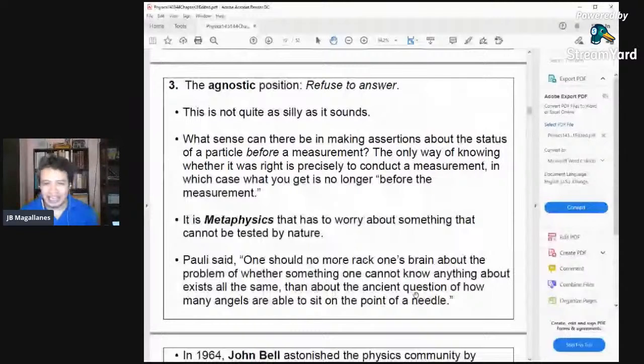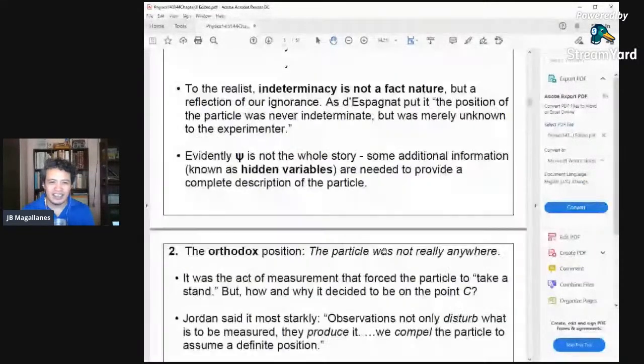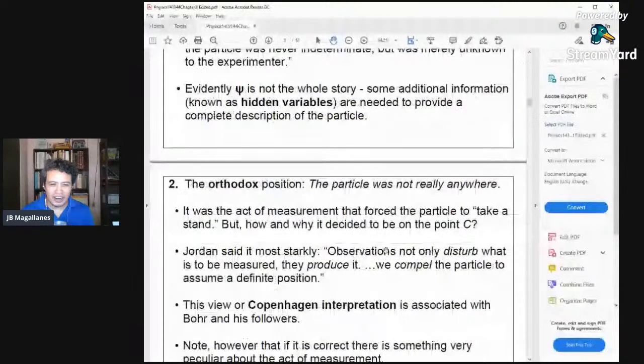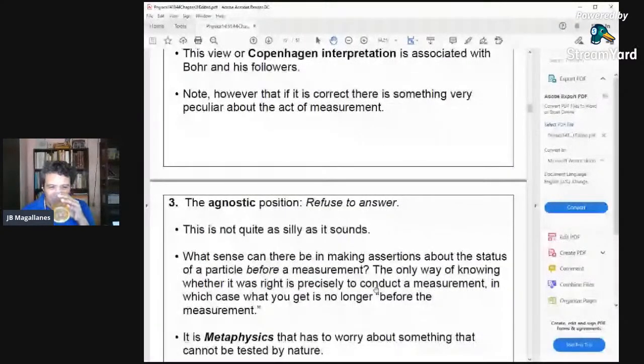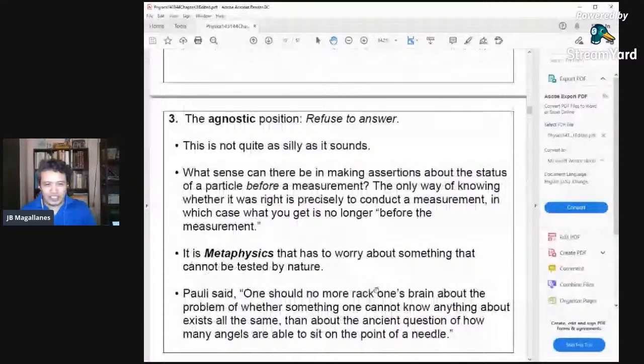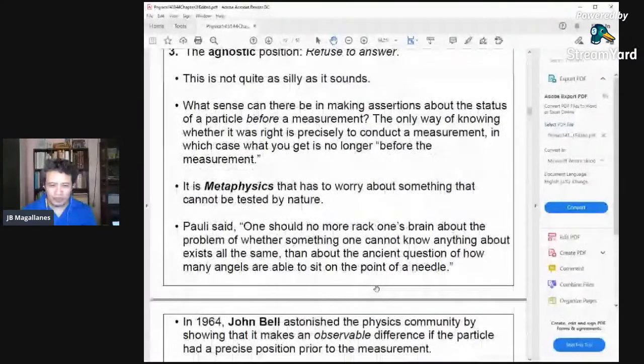So I leave you these slides to consider which advocacy you would favor. Are you a realist? Are you an orthodox, or are you an agnostic? So I leave it with you.